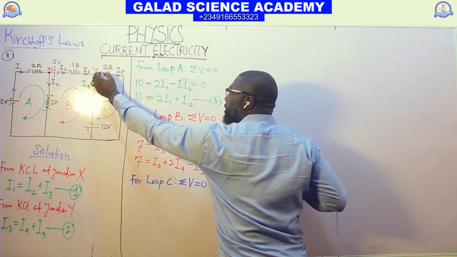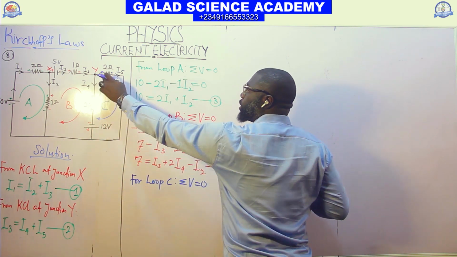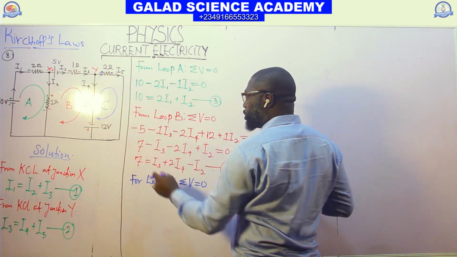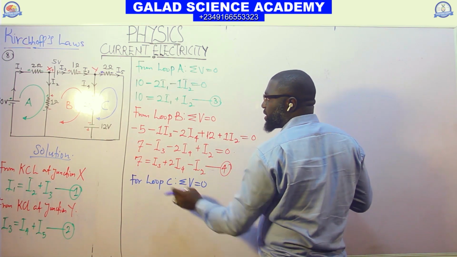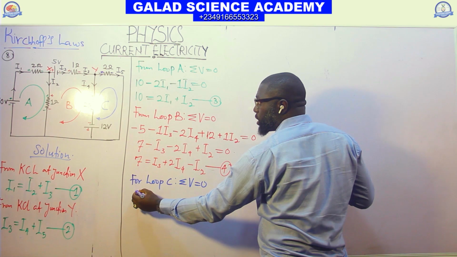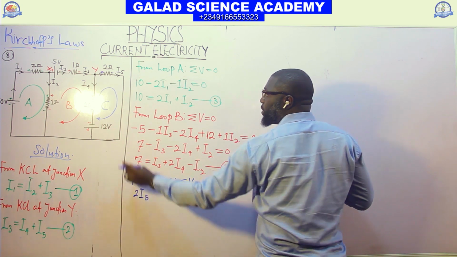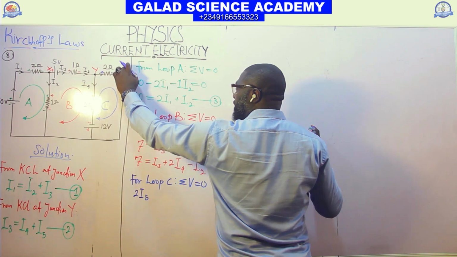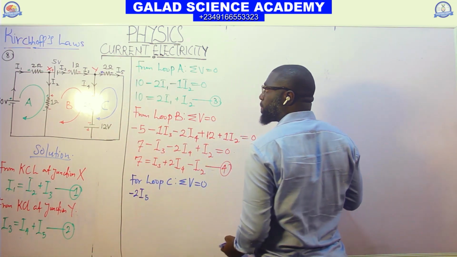This is also positive, negative. So this 2 ohms will be drop. If I start from here, 2 ohms, 2 ohms I5. This 2 ohm, the current is I5 and its drop, it will be minus.